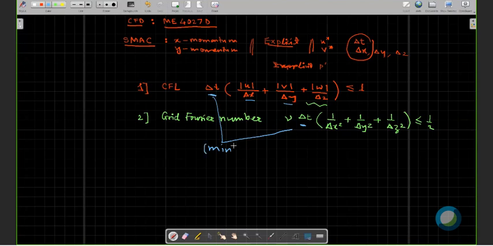So minimum values, so that you are on the conservative side, so that both these conditions, condition 1 and condition 2, are satisfied for this Navier-Stokes equation, for this x momentum equation and y momentum equation. So you have to check both the conditions for this problem, and take the delta t which is minimum out of these two. So this is the note you have to consider when solving the Navier-Stokes equations using the SMAC method.